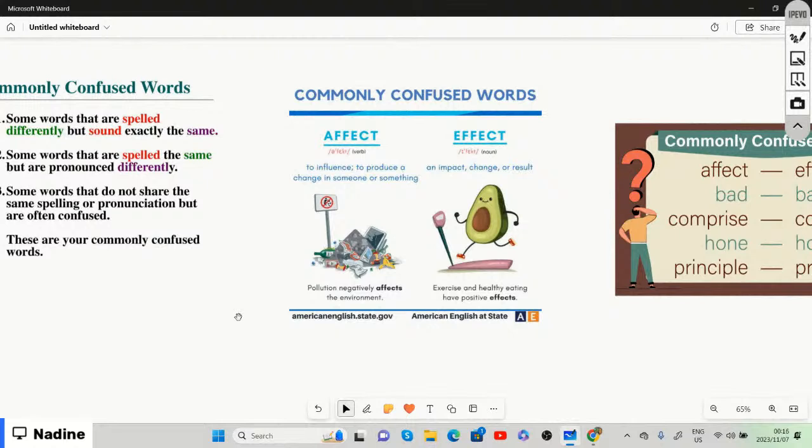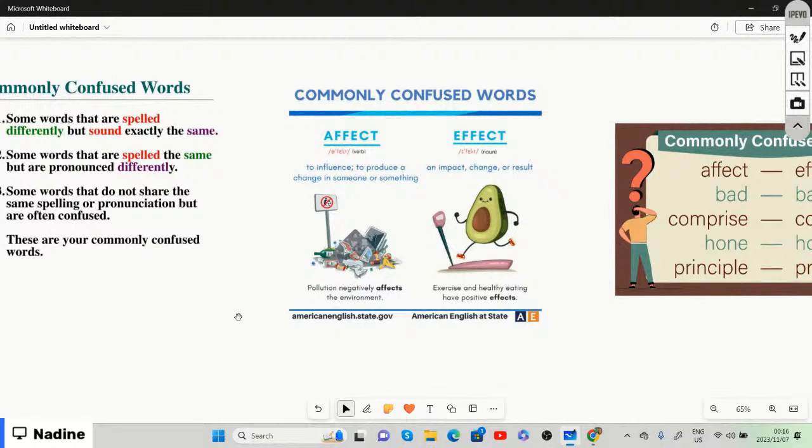So if we find the meaning of these two words, right? Affect with an A, A-F-F-E-C-T. Affect firstly is a verb. And affect means to influence or to produce a change in something or someone.